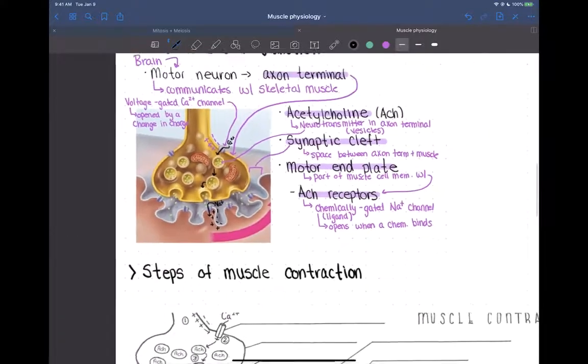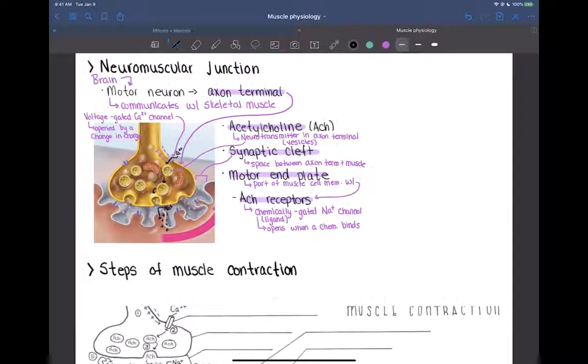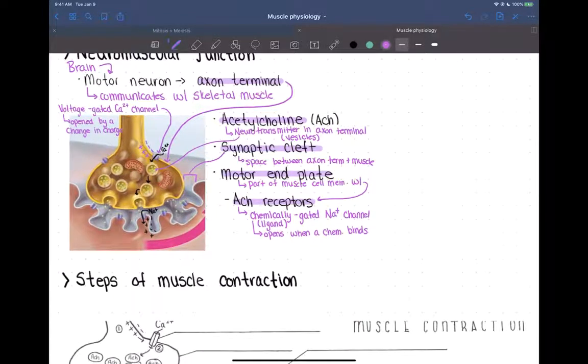So, zooming out, the function of the neuromuscular junction is to take an electrical signal, our action potential in the neuron, and transfer it to our muscle cell. But electrical signals can't just jump across a gap like the synaptic cleft, so we have to transform it into a chemical signal.